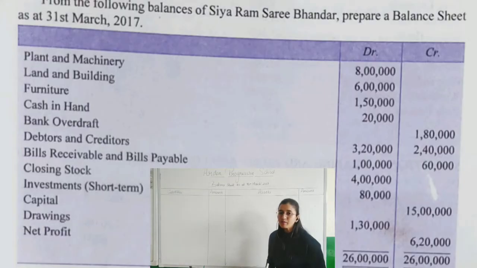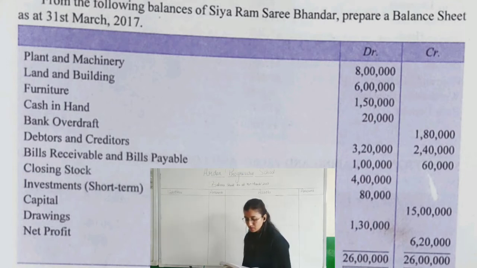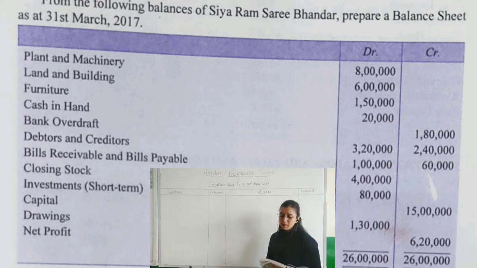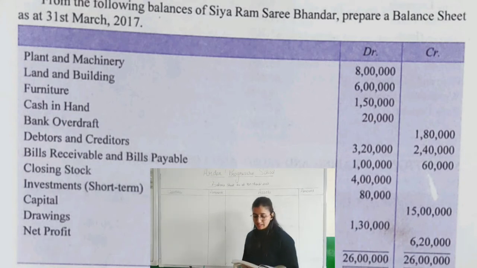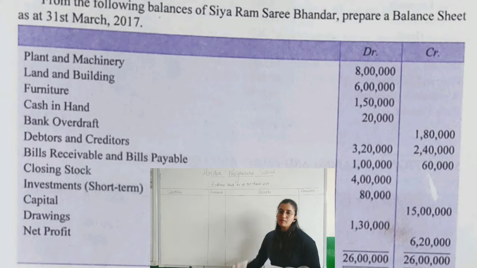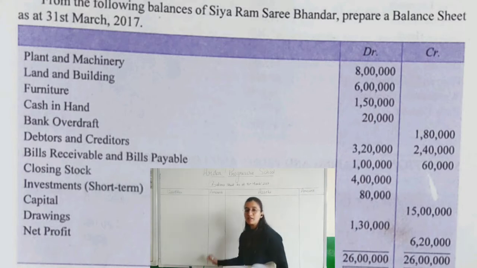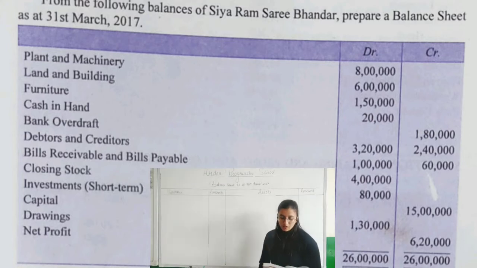Now here is the question based on the balance sheet. From the following balances of Siaram Sridhar, prepare a balance sheet as at 31st March 2017. So we have been given some assets and liabilities. We just need to identify the categories of assets and liabilities. First item is plant and machinery, which is 8 lakh.